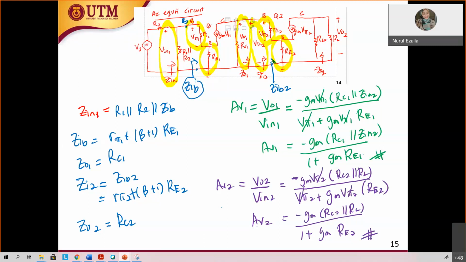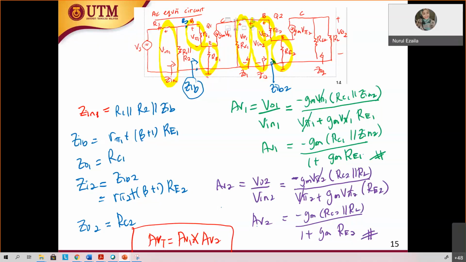So what is the AV total? I forgot since the beginning. Okay, AV total is equal to what? AV1 times AV2. Same as the previous slide.